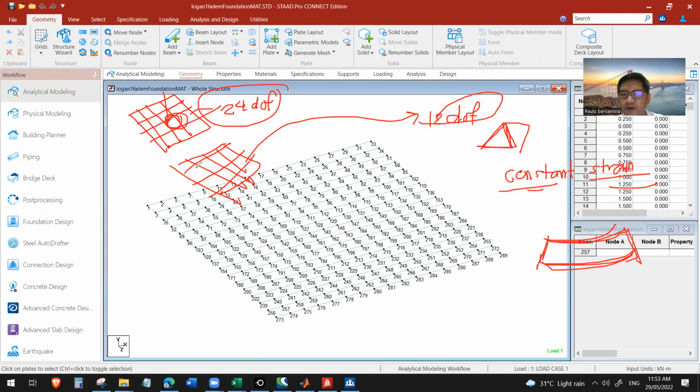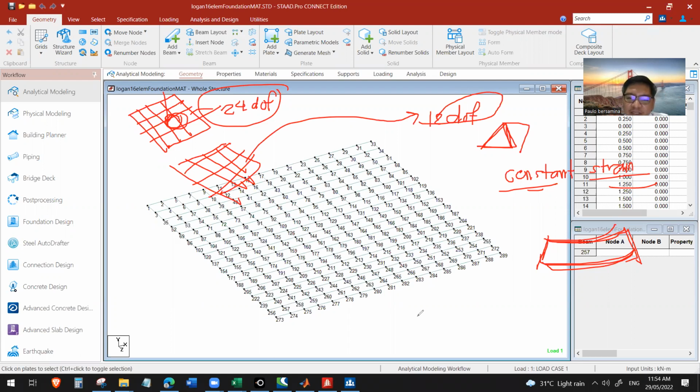Instead of 4 elements, which does not give it, pero kay STAAD nakukuha niya, ginawa nating 16 elements to come up with a more accurate result. And it turns out to be true. So the same logic i-apply natin sa foundation.